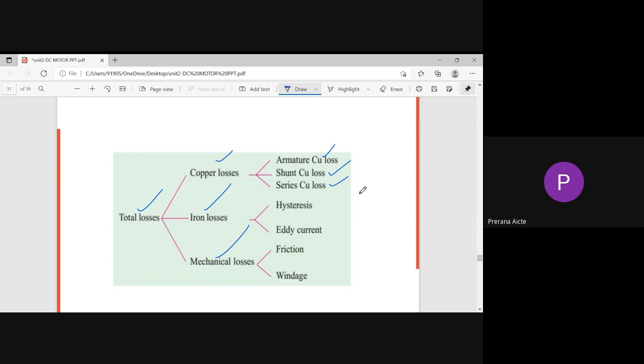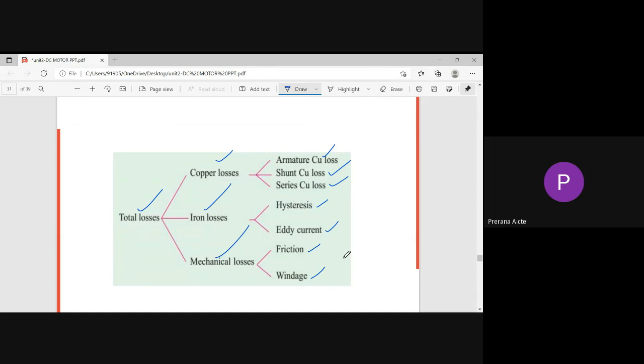What are the iron losses? Hysteresis losses and eddy current losses. Mechanical losses are friction losses and windage losses. Again, the friction losses are of two types: bearing friction and brush friction losses.